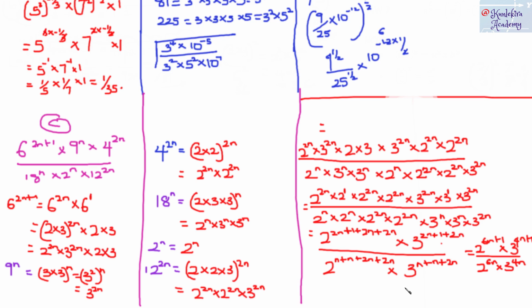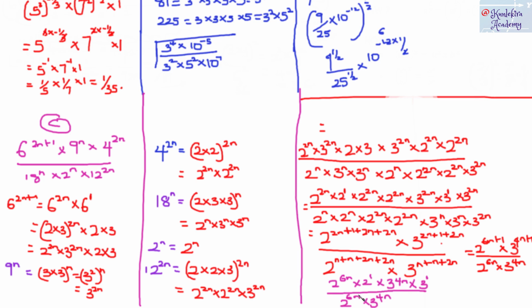Now let me use a different color so we get it more accurately. You can now split this to be 2 raised to the power 6n times 2 raised to the power 1 times 3 raised to the power 4n times 3 raised to the power 1, over 2 raised to the power 6n times 3 raised to the power 4n.